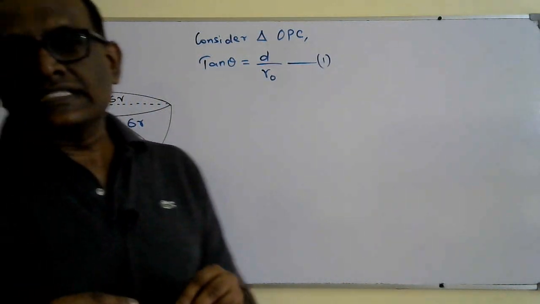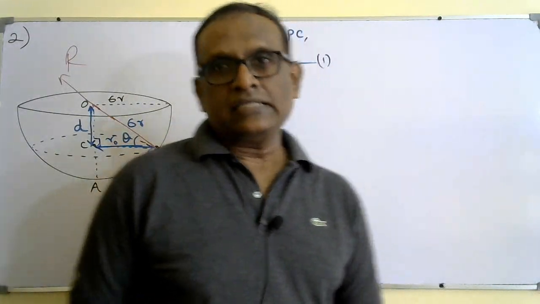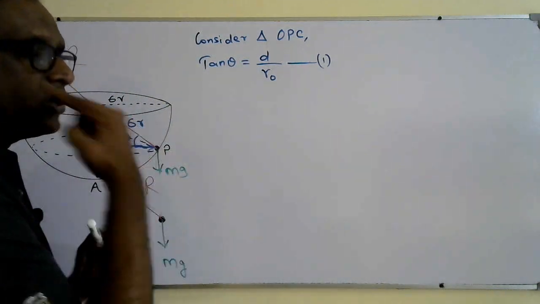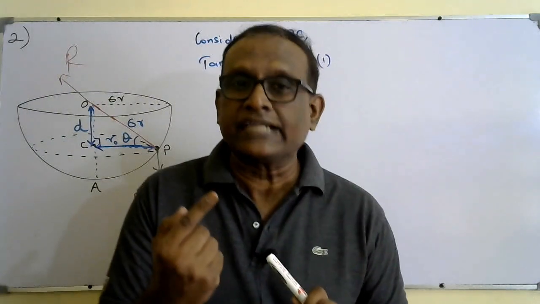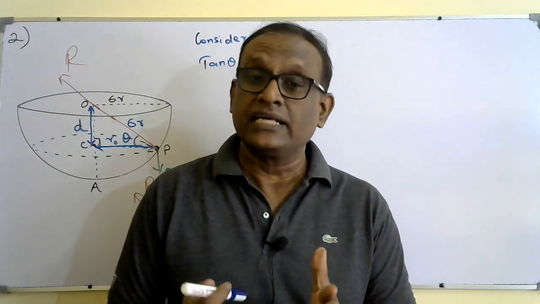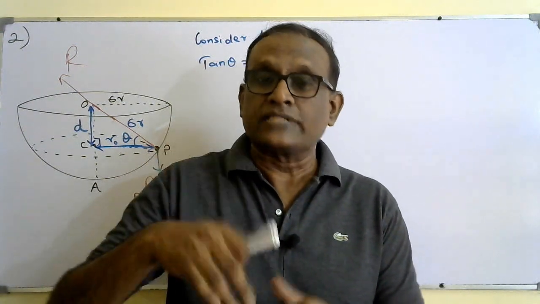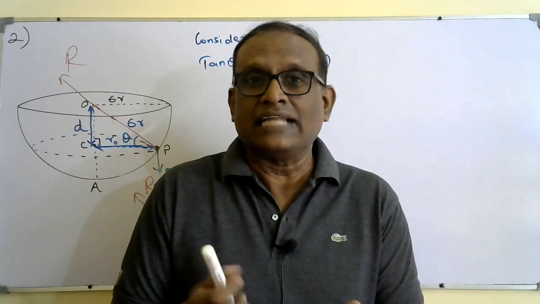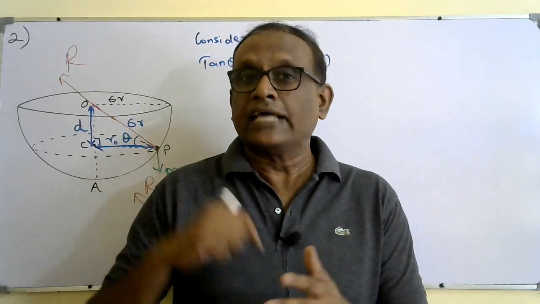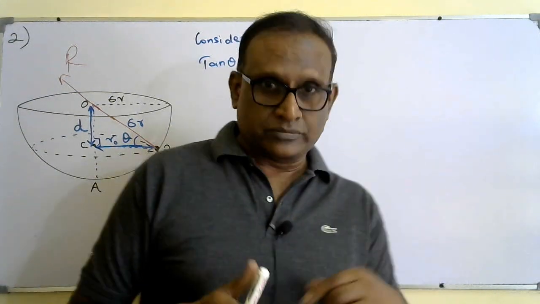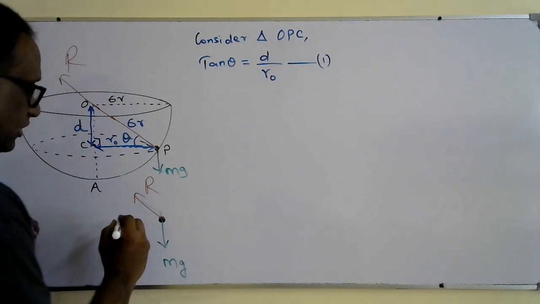Now the next thing is related to the forces acting on it. The particle P is moving in a horizontal circle, which means it should not have any resultant vertical force, because if there were any resultant vertical force, according to Newton's first law, it would accelerate in that direction. So there is no vertical resultant force, and there are only two forces acting on the particle.